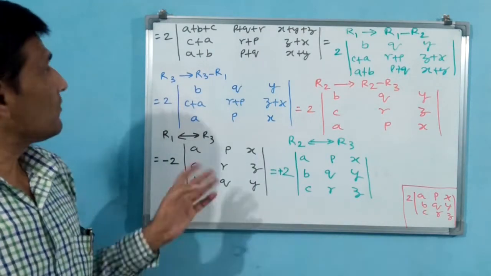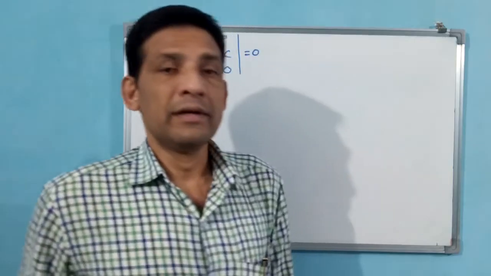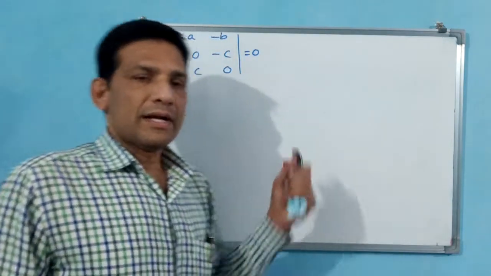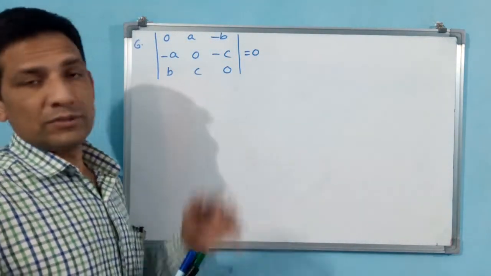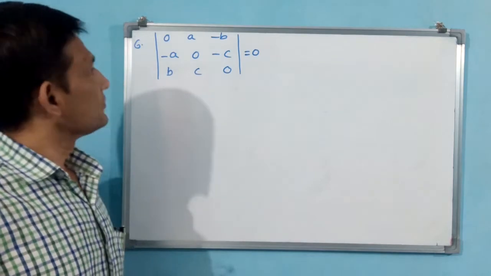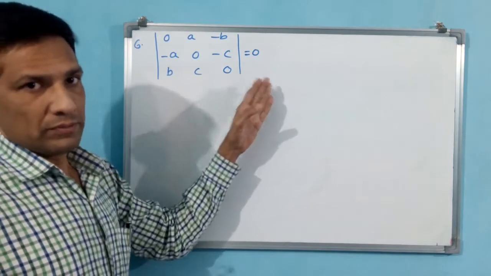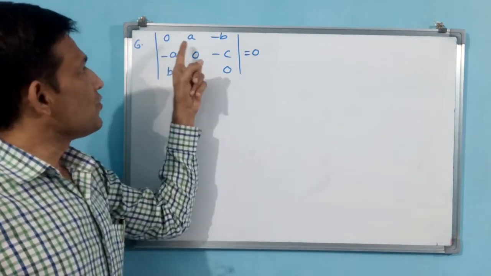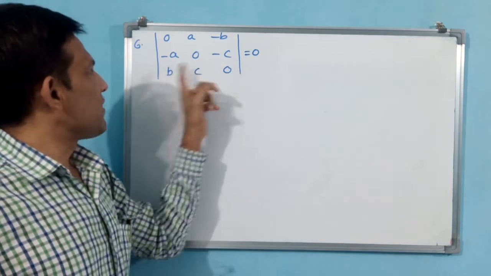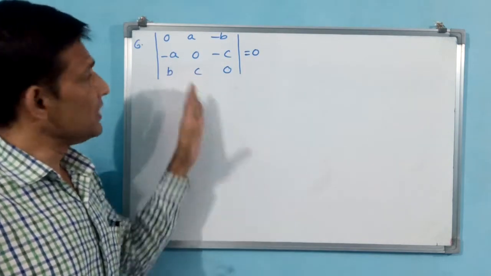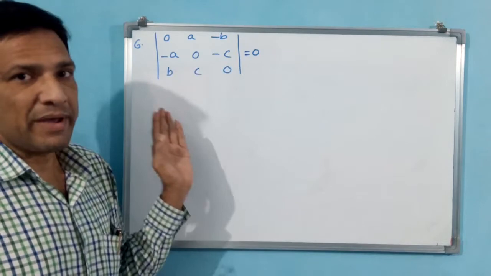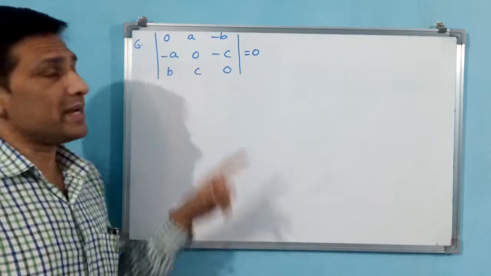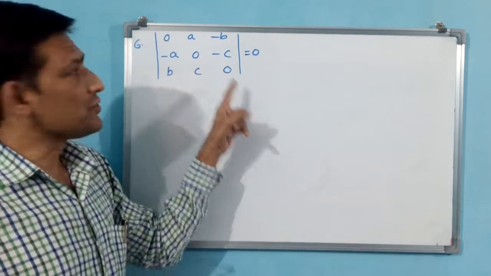Okay. Let us go for the sixth question. Let us see the sixth question. What have they given? We have to prove this determinant, 0 A minus B, minus A 0 minus C, B C 0, equals 0. If it is not a determinant but a matrix, you see it is a skew symmetric matrix. All diagonals are 0.